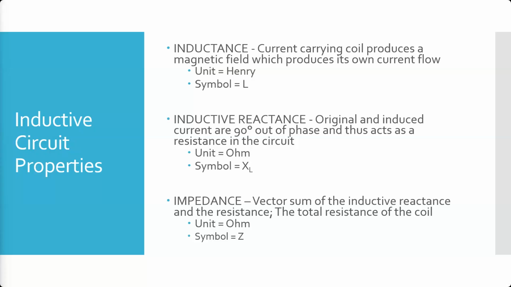Okay, so we have 60 hertz in the US, 60 cycles per second, right? The testers we're using are going to be running in the kilohertz or megahertz range. So it's going to offset that current by 1/4 of one cycle of 1 megahertz or 1 kilohertz, or whatever our frequency is. And when you take the vector sum of those, you get impedance.